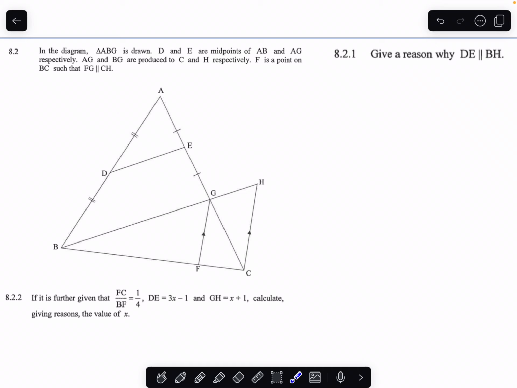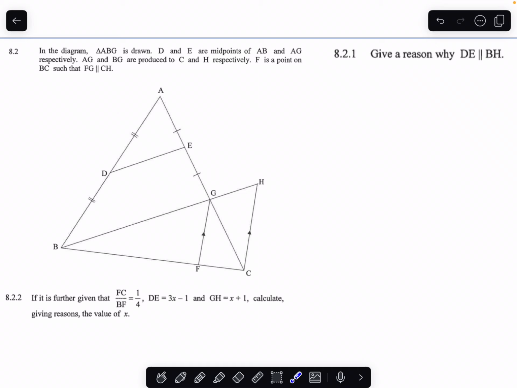Even when I'm searching on Chrome, it remembers the exact Siyavula page I'm trying to find, because without fail I will always forget this reason. So, a line parallel to one side of a triangle.